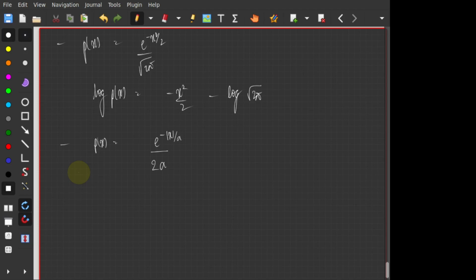It's a Laplace distribution. Is it log concave? It is.